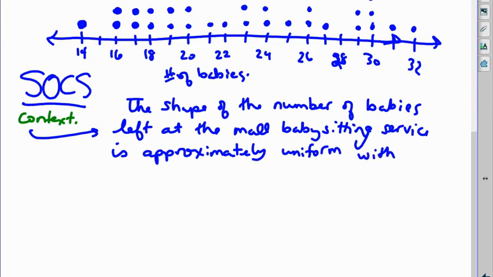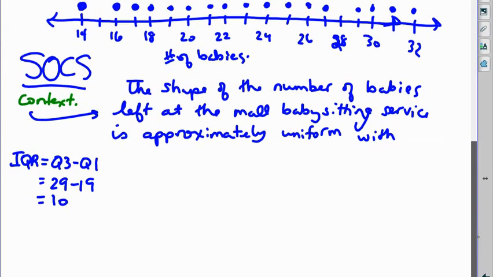Well, let's see, are there any outliers? Let's find out. We know that IQR is Q3 minus Q1. So that is going to be 29 minus 19, which is 10. So my max typical value is going to be, let's see here.